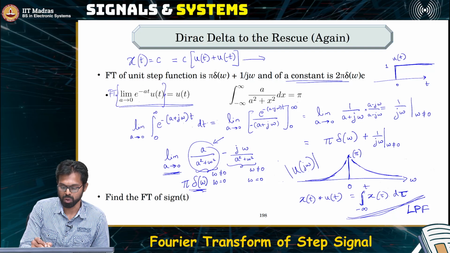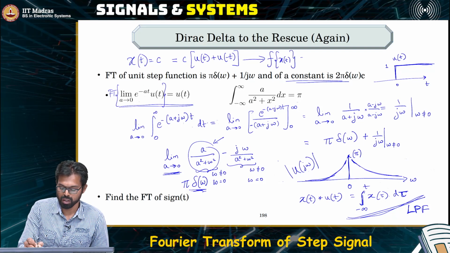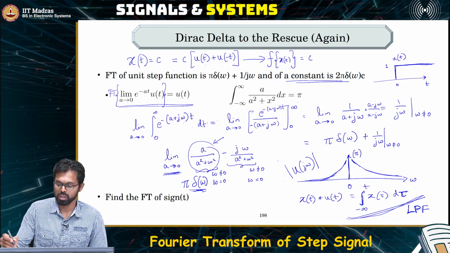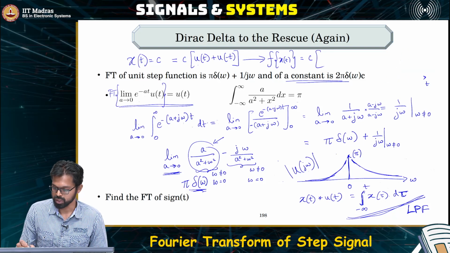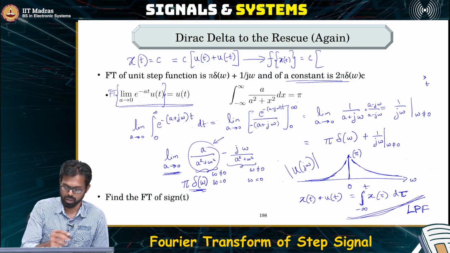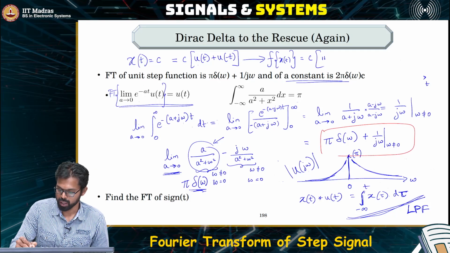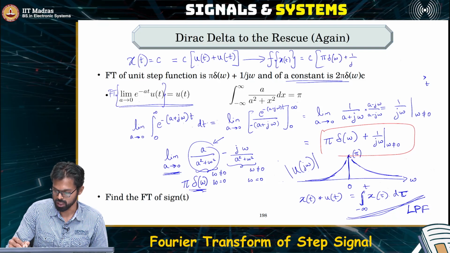Applying Fourier transform on both sides, you get F of x of t is equal to c times the Fourier transform of u of t. The Fourier transform of u of t is whatever we derived here, that is pi of delta of omega plus 1 by j omega.